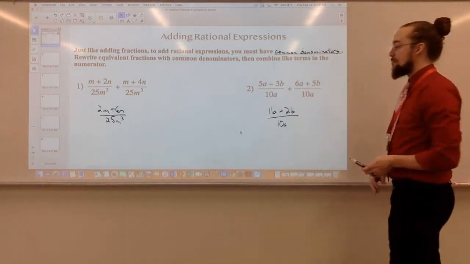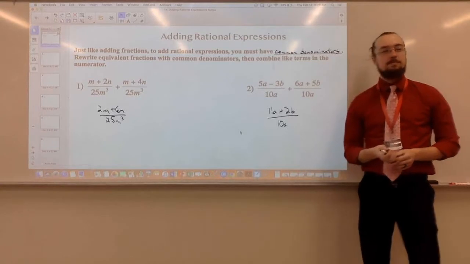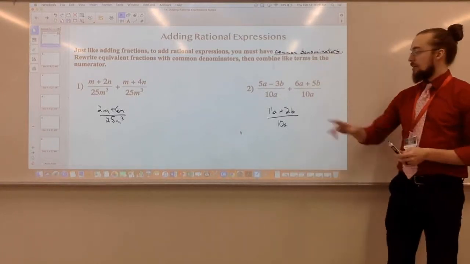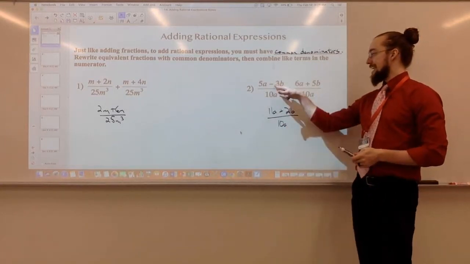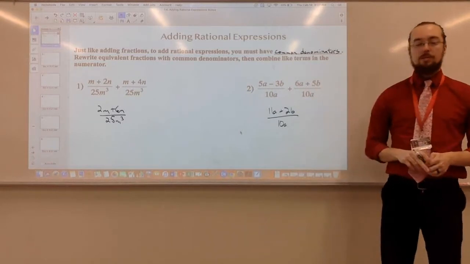Did we get 11a plus 2b over 10a? 5a plus 6a is 11a, negative 3b plus 5b is 2b.